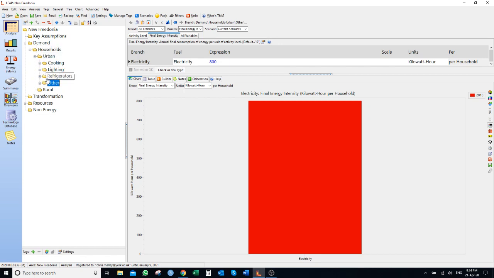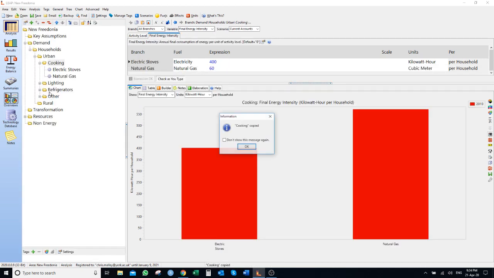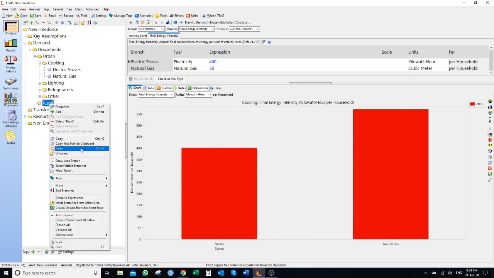I can move to my rural households. One of the useful features in LEAP is that we have cooking and we have lighting, refrigerators and others in rural areas as well. We don't need to spend time creating all of these branches. We can copy them. I can copy cooking from urban areas and I can paste it under rural.